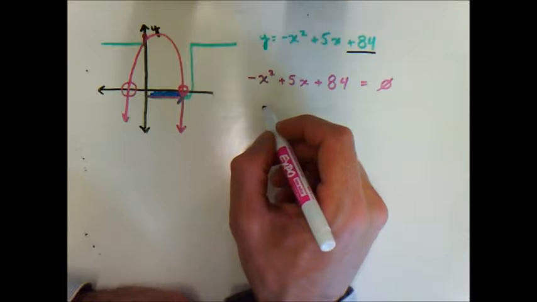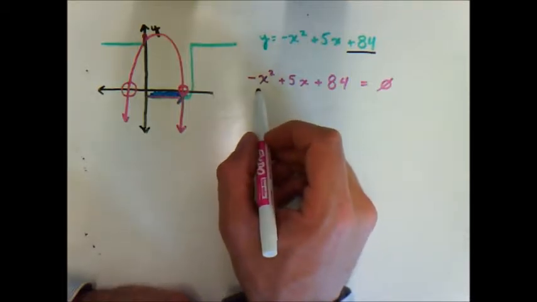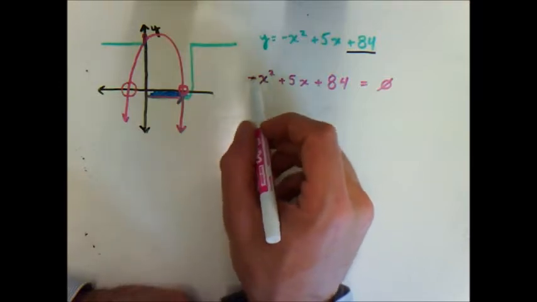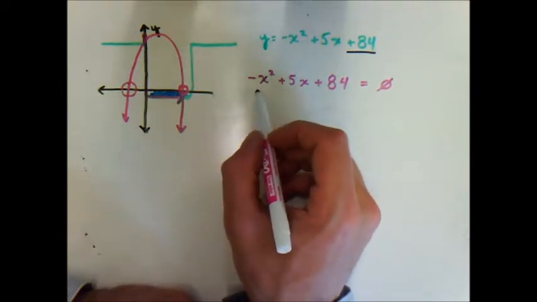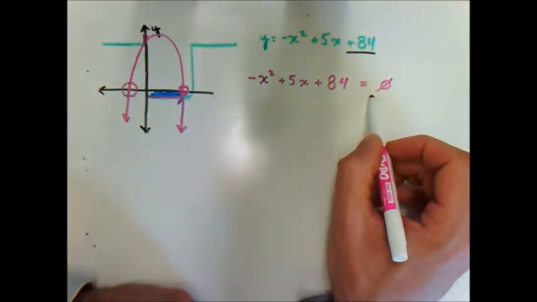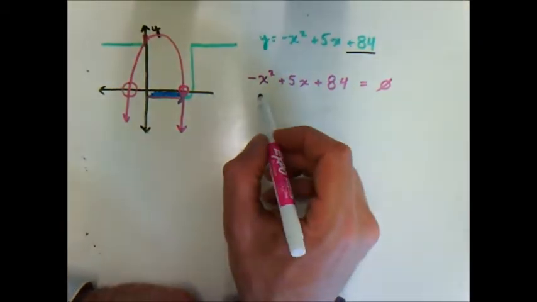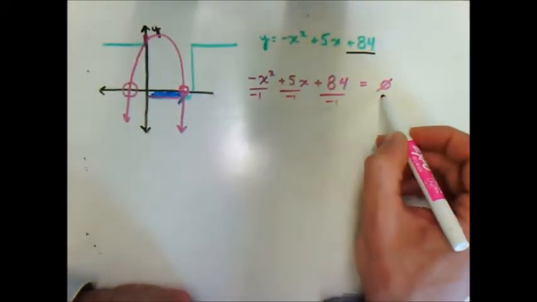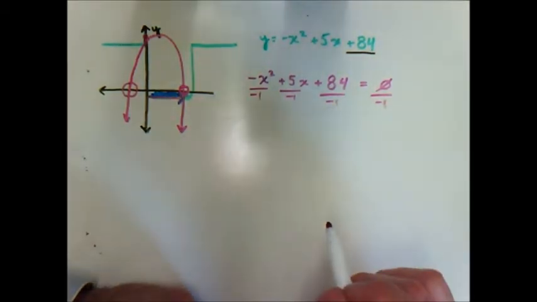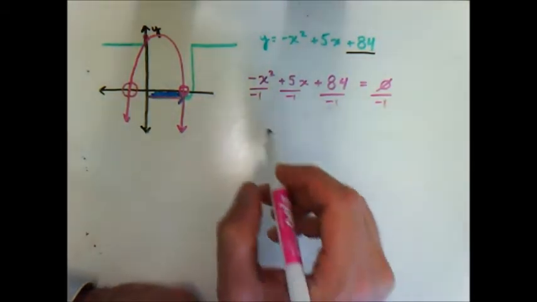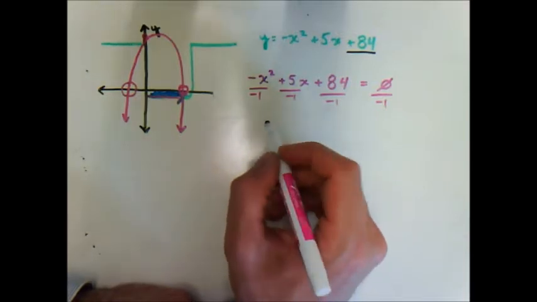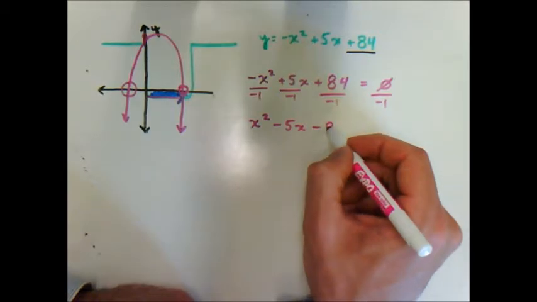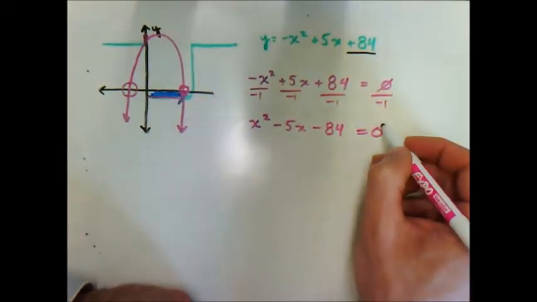Well, the first thing we want to do here is you could either factor out a negative 1 in order to get this to be a positive coefficient in front of the x squared term, or because we're in an equation now that has a number on the other side, you can actually just divide each term by negative 1. And make sure if you're doing something to the left side of the equation, you do it to the right side as well. So if we divide each of these terms by negative 1, all that does is flip the signs. So we're left with x squared minus 5x minus 84 equals 0.